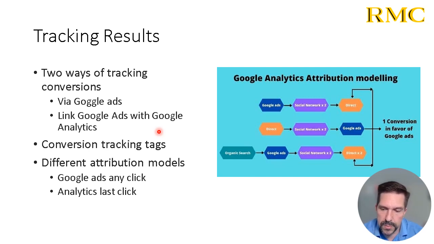Now, because Google has a lot of data, they might choose to spend a little bit more money on some days than others, because they think, based on their data, that your customers are going to be more likely to click on them maybe on a Monday versus a Friday. And this is really product and ad dependent, obviously. And you don't need to give any explanation. Google will do the optimization for you.